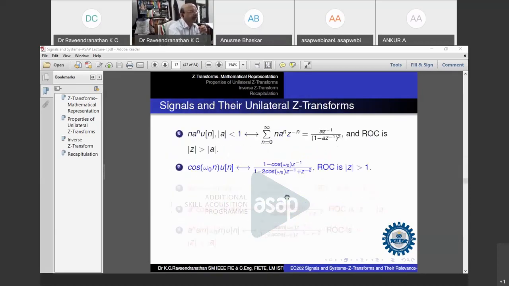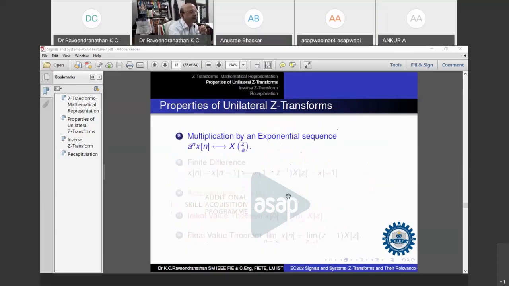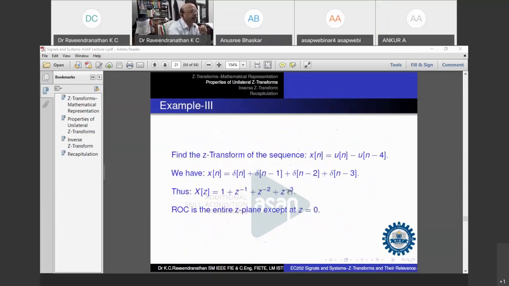Then finally, this part is much more complex, right? Find the Z transform of a sequence. A given sequence is given. These are simple questions, but there can be more complex questions, like you have a sequence and it's a product of 1 or 2 subsequences. Then you are asked to find out the Z transform of that product.